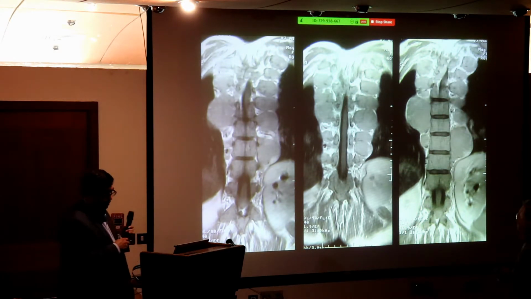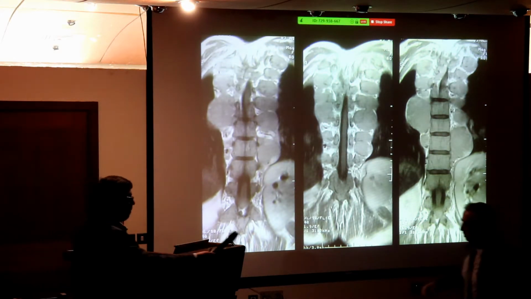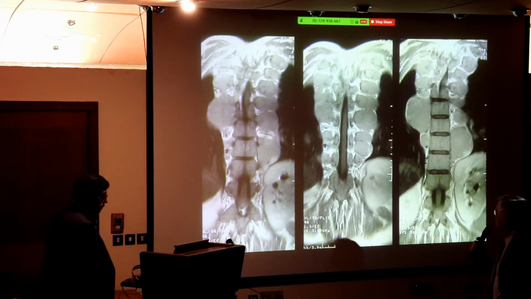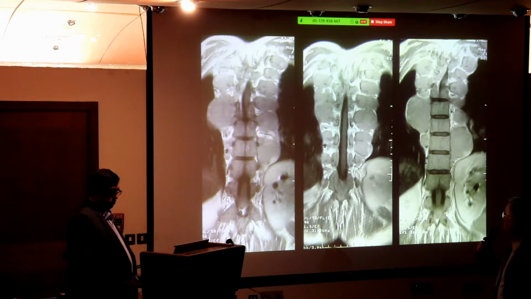Regarding the differential diagnosis, when the disease is like this, the differential diagnosis is narrow. But when we have one or two masses, then neurofibroma may be considered in the differential diagnosis. The second is when the kidneys are involved.